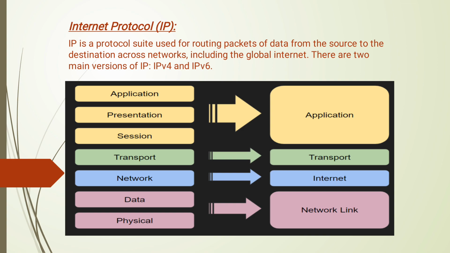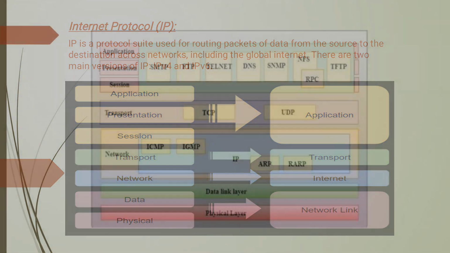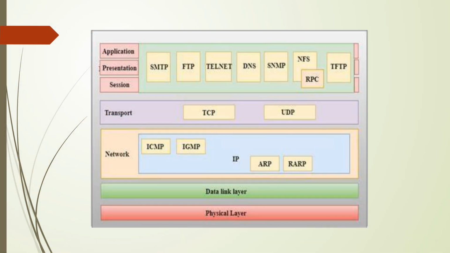Here you can see the diagram of the OSI model and the Internet Protocol model, and how it differs from the OSI model. And this is the diagram, which consists of layers.